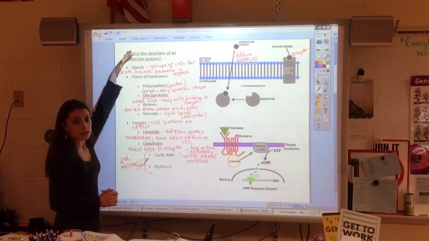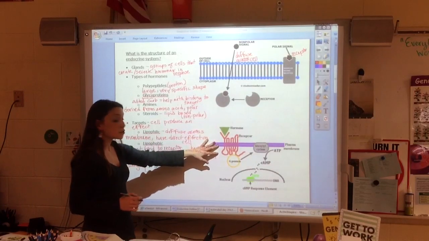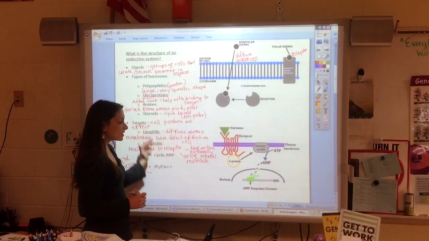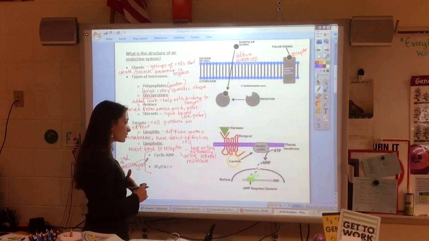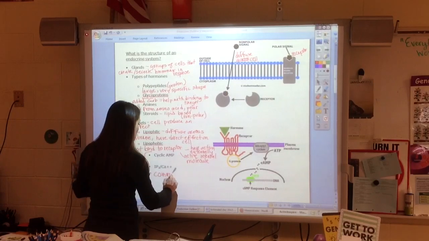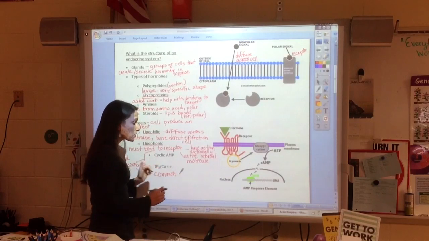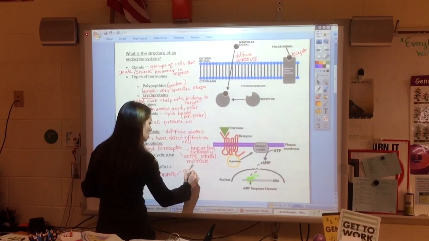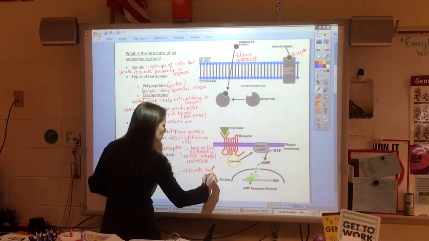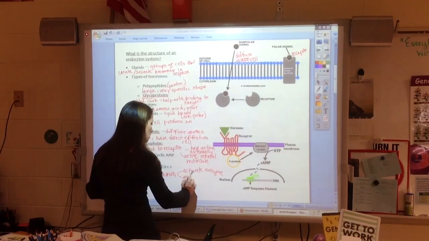So the endocrine system has produced a hormone that has arrived at the cell, that has bound to a receptor or diffused across the membrane, and has then had an effect inside of the cell. The most common effect is actually either going to be activation of an enzyme or gene regulation.